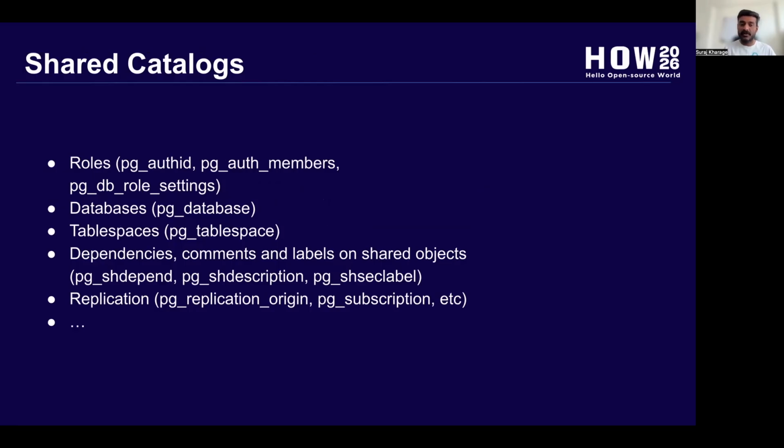For databases, we have pg_database. For tablespaces, we store the information in pg_tablespace. Dependency, comments, and labels on shared objects, such as users, tablespaces, and databases, are stored in their respective shared catalogs. Replication related catalogs are also shared catalogs. Those are shared across all databases.